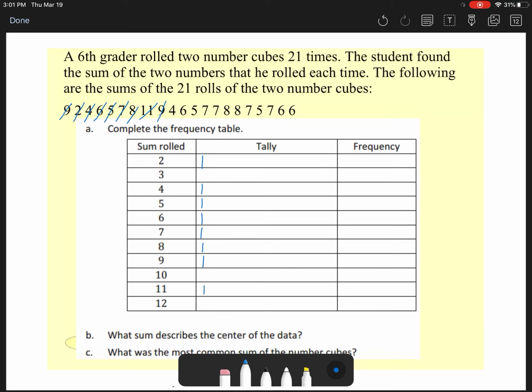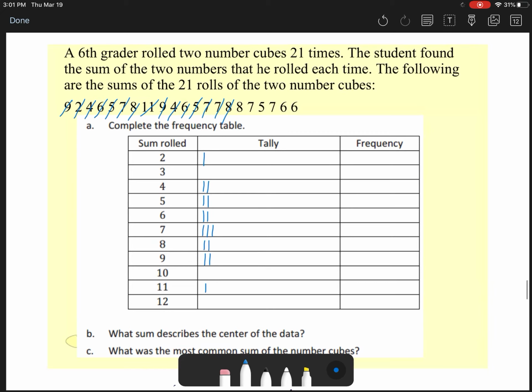Keep on doing this until you have accounted for all of the data. 8, 7, 5, 7, 6, and 6.